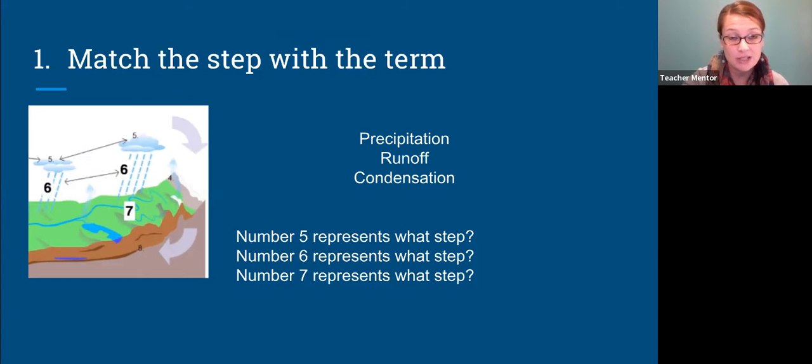Awesome. Okay, so number 6. Number 6 represents what step? So now we have left precipitation and runoff. Which of those is represented by number 6? Precipitation. Okay, well, why?